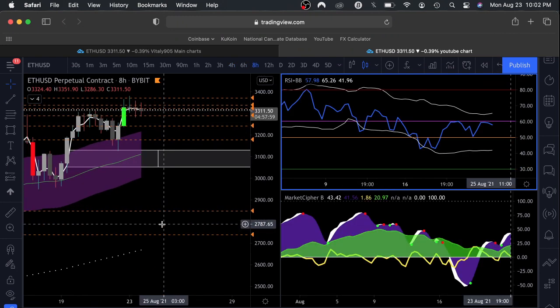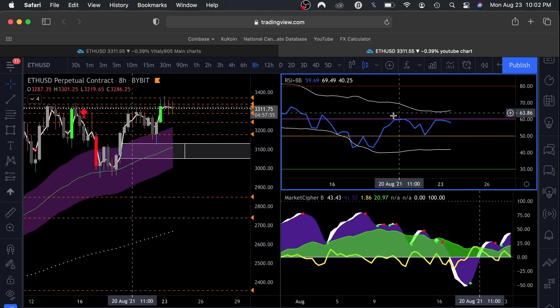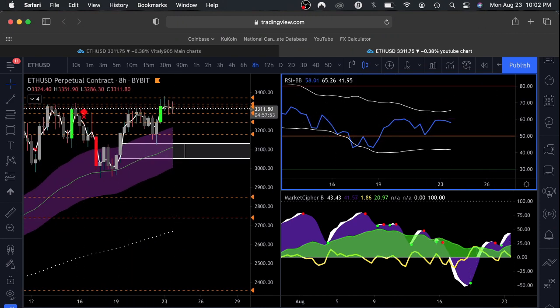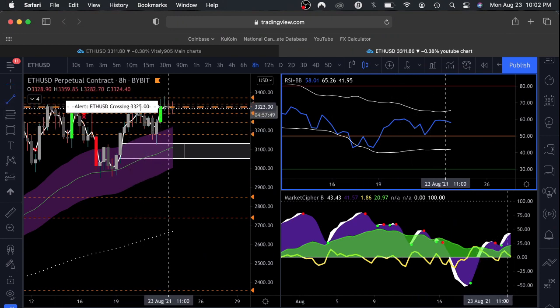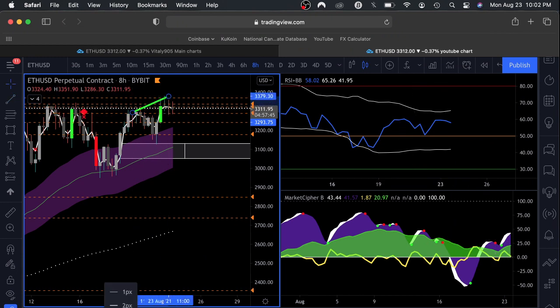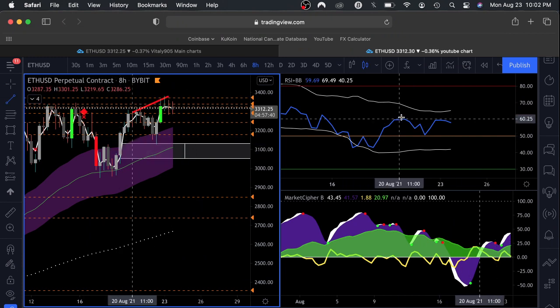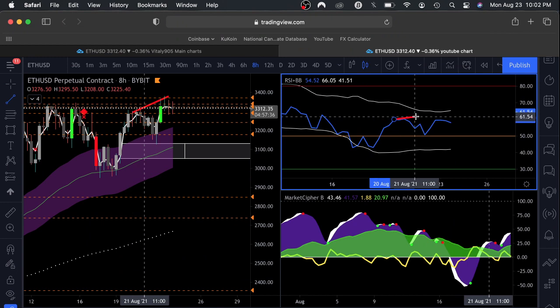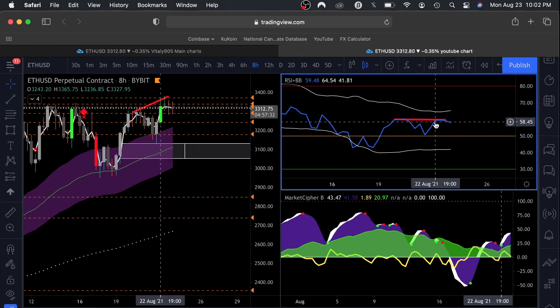Look at the 8 hour. Look at this. Like I said, price was overall higher, but then you look at your RSI, it's slightly lower. 60.22.